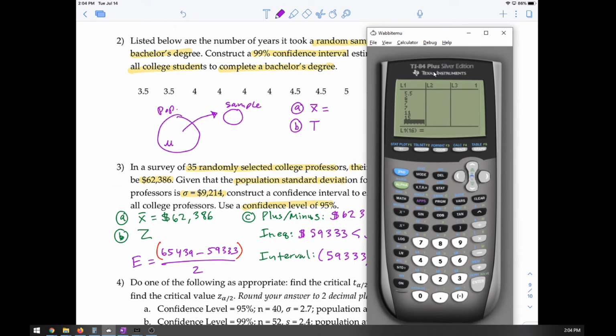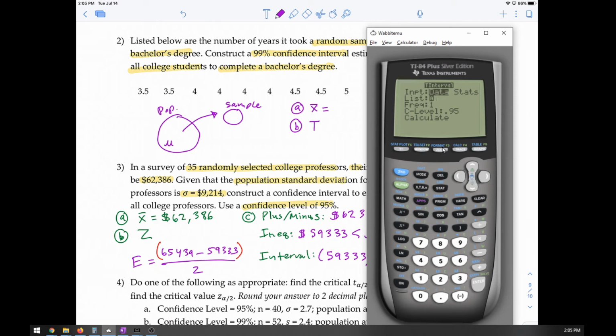The next step is to run t interval on this list. It's always a good idea to quit out of this screen, so we press second mode, then go back to Stat, then Tests, and then go to t interval. Instead of selecting stats, we select data, and I stored this list in L1.